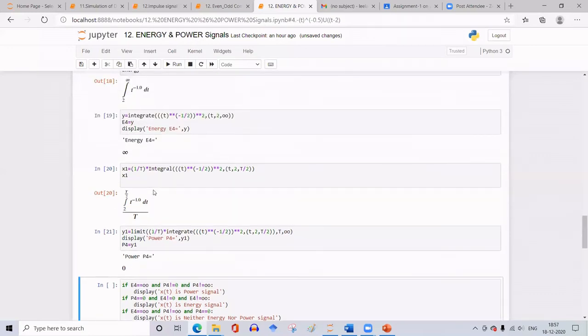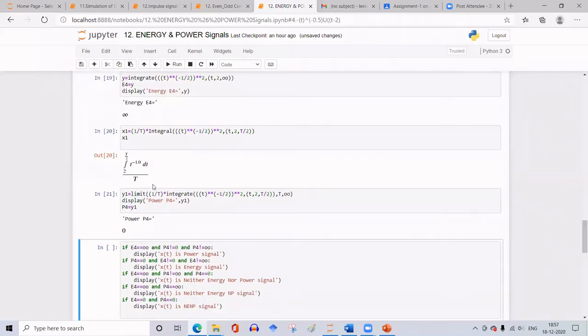So here we have energy as infinite and power as 0. What type of signal is this? Power signal? How come? For a power signal, power must be finite. Is it finite? 0 is not finite, no? Yes, ma'am.